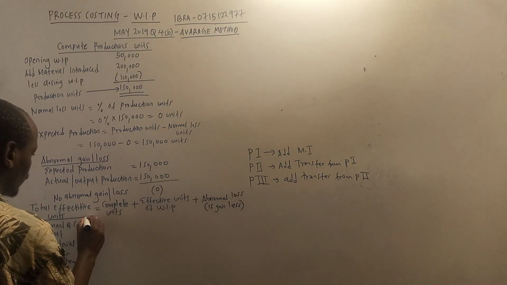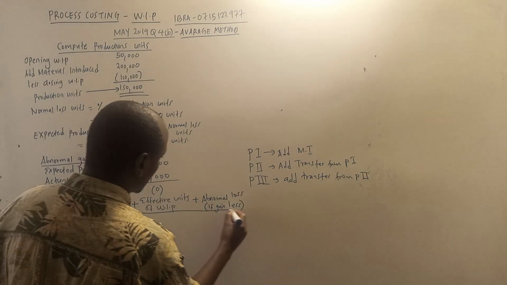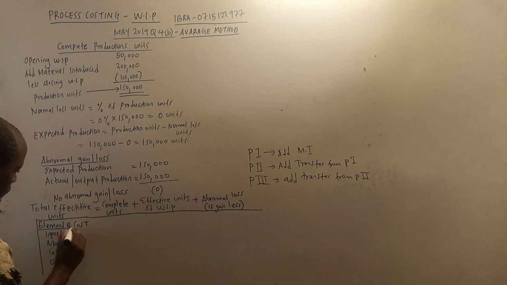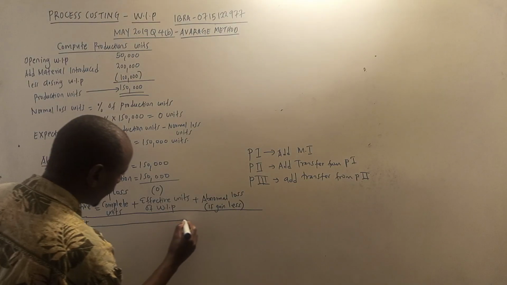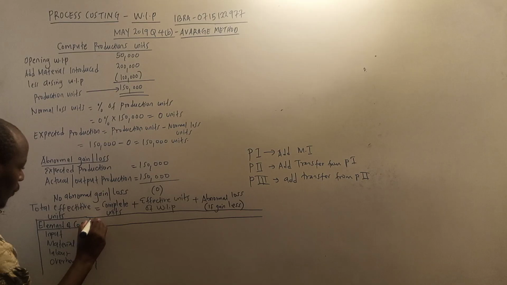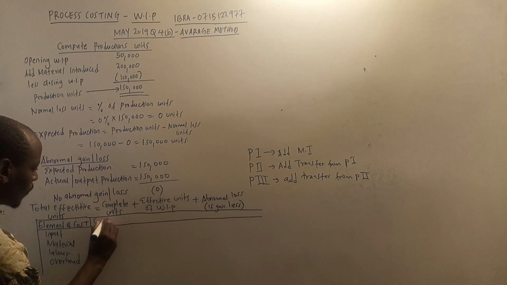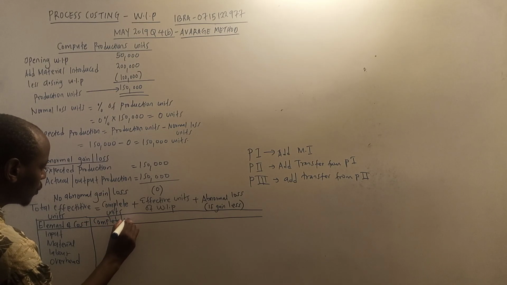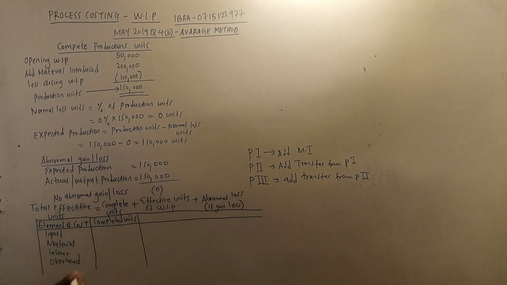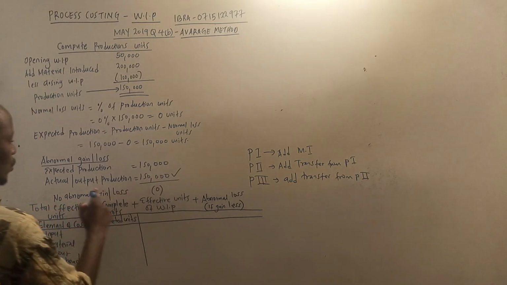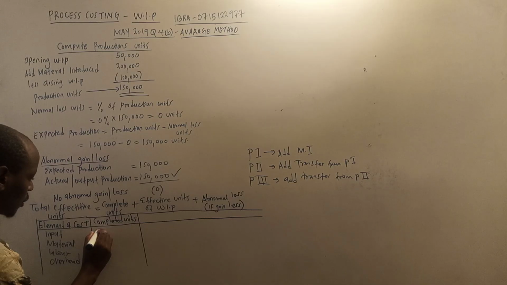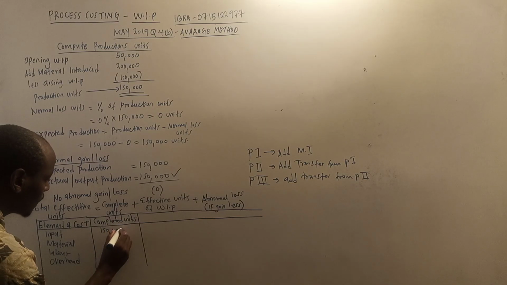This one is the statement of units. So we start with the completed units. Our completed units is the output. We call them the completed units or output. For inputs it is the same, 150,000.